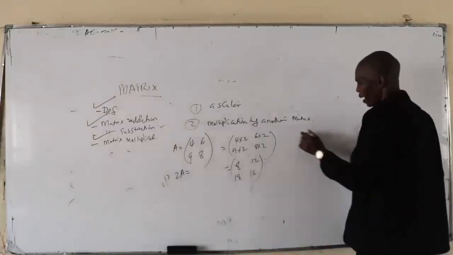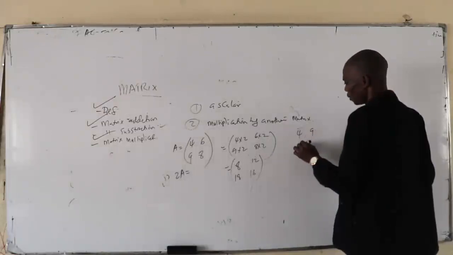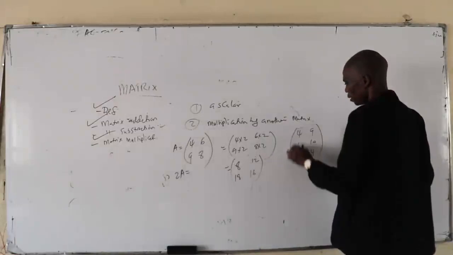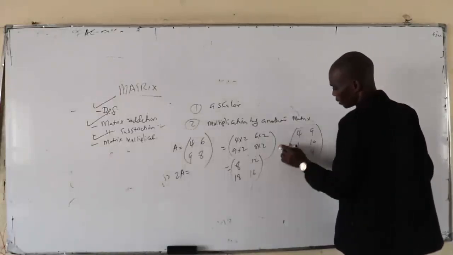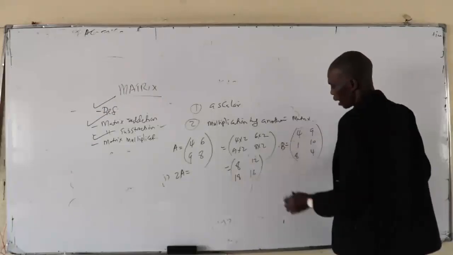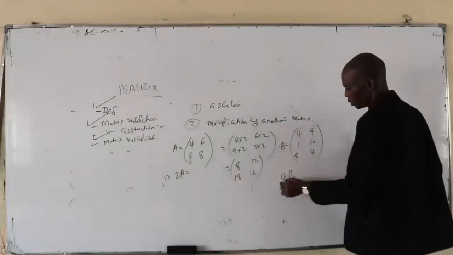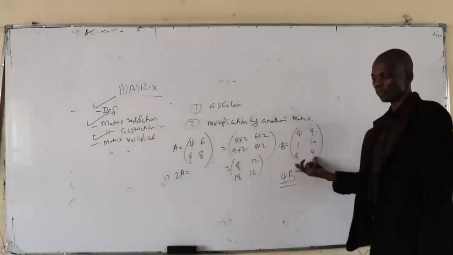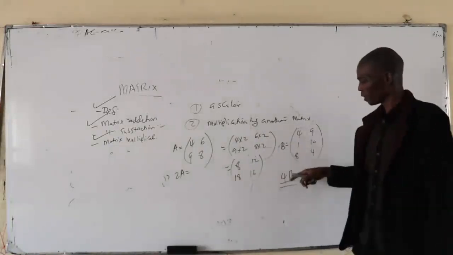So if you have 4, 9, 1, 10, 8, 4, let's say this is B, and you have been told to find 4B. So it is simply 4 times this. The B is represented by this matrix. So you multiply every element that is inside there by 4.